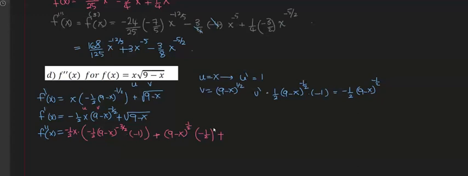We might see it like that, and we know that the derivative of the root is 1/2 the root times the derivative of what's inside the root, which is negative 1. So you might know that the derivative of root x is going to be 1/2 root x times 1. What if it's a root of a function?